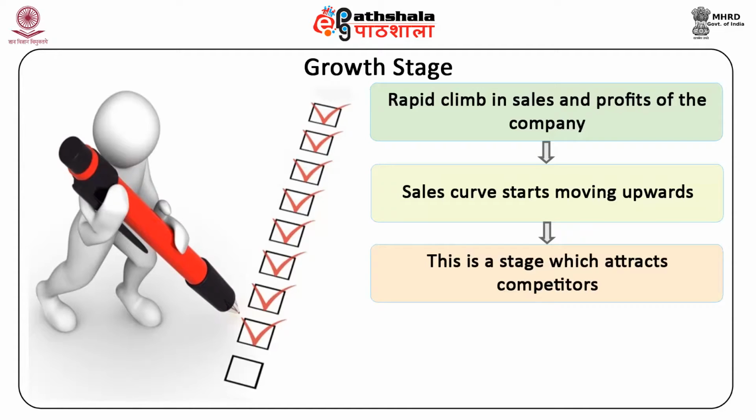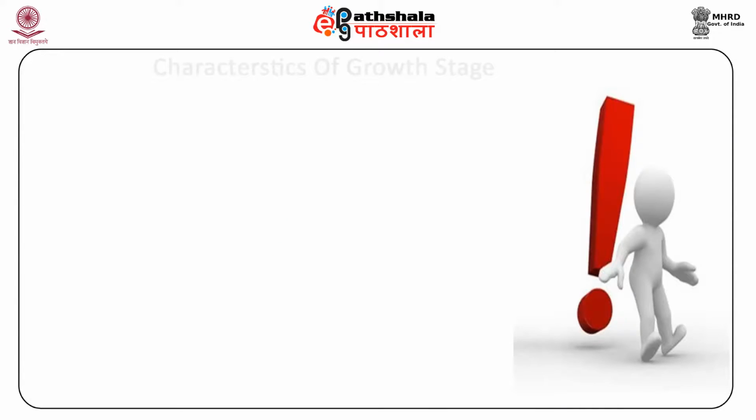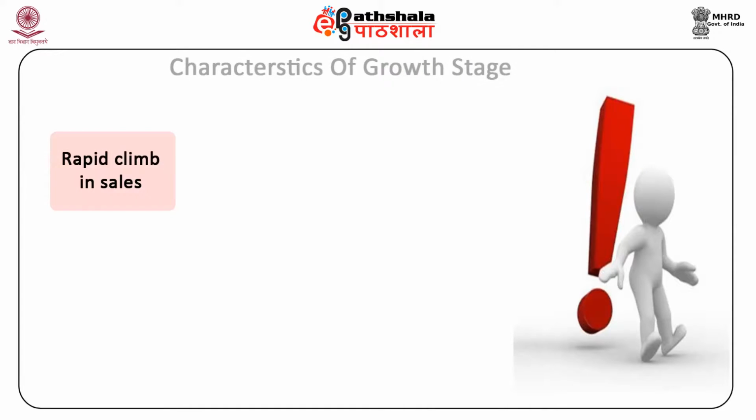This is a stage which attracts competitors as they would also like to take the advantage of increasing profitability in that product category. Thus, special care is needed to ensure that it does not affect the growth stage of the product. Characteristics of growth stages are rapid climb in sales, early adopters and middle majority can follow the leader.